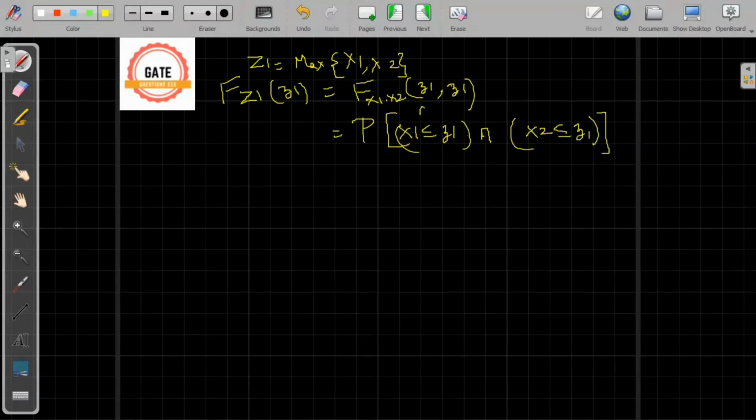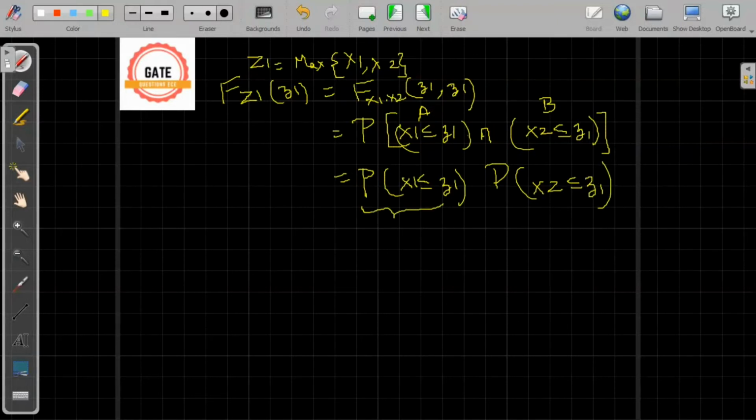If X1 less than or equal to z1 is A and X2 less than or equal to z1 is B, then we know if A and B are independent, this is equal to probability of A into probability of B, which is nothing but probability X1 is less than or equal to z1 into probability X2 is less than or equal to z1.